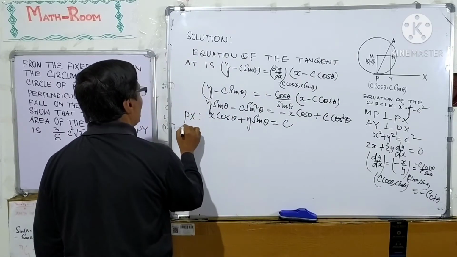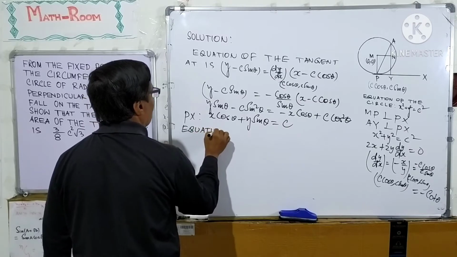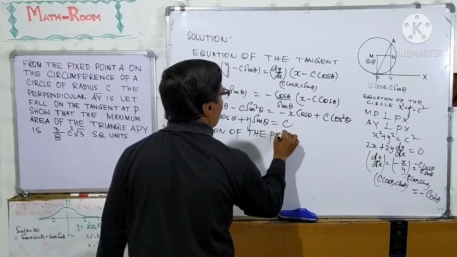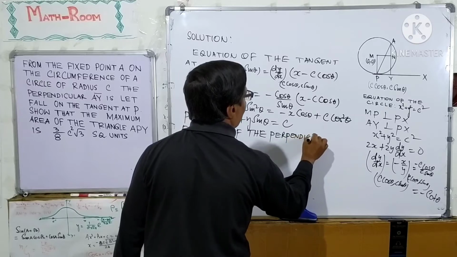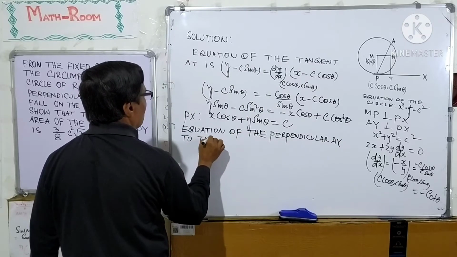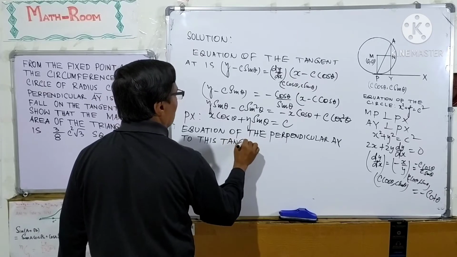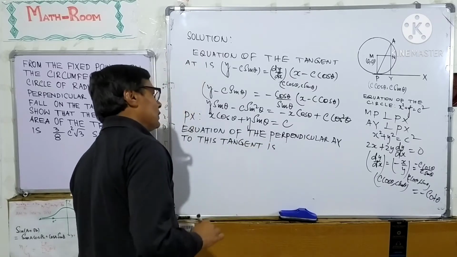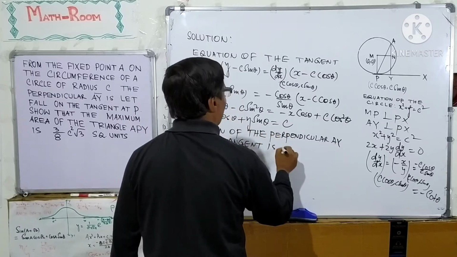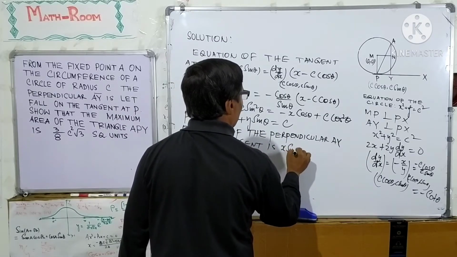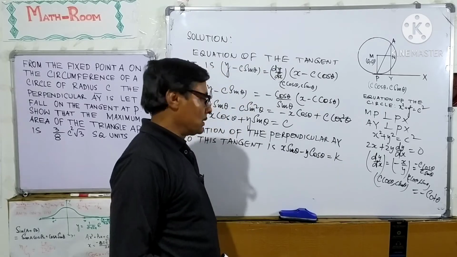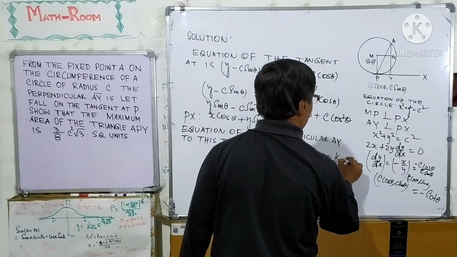The equation of the perpendicular AY to this tangent is x sin theta minus y cos theta equal to k, where k is a constant.